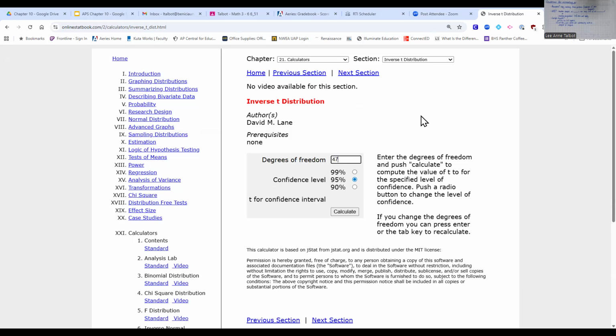Let's check it. What was the last one? 47 degrees of freedom and that's wrong. Oh, there we go. 1.68. Does that make sense? You guys find it? You good? Do you see what I did? Okay, just want to check.